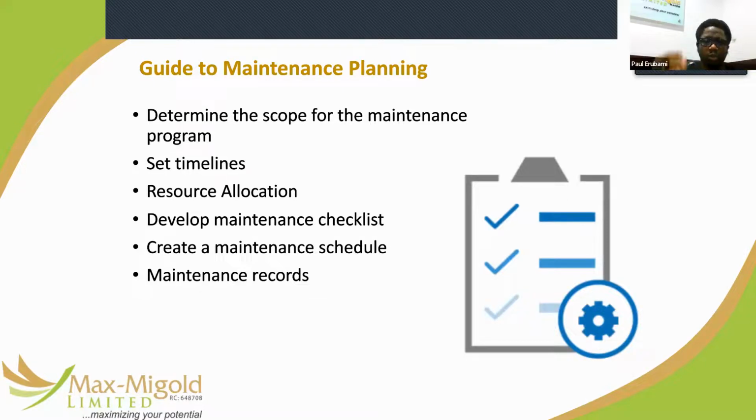And then with those schedules, you create a mirror of it, which will become your maintenance records. You are recording observations from inspections, you're recording results from tests, and other activities that you have performed on that asset, so that there will be a history that can be referenced for that particular asset.